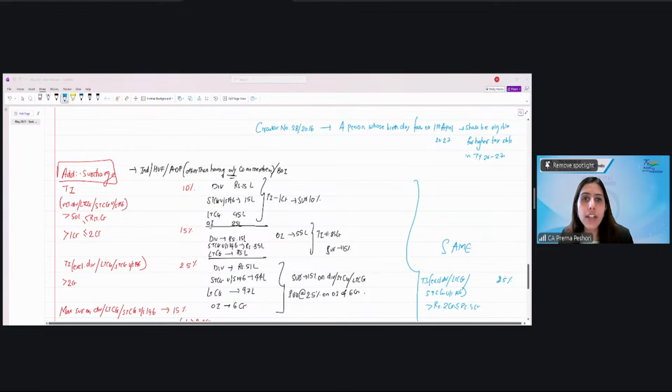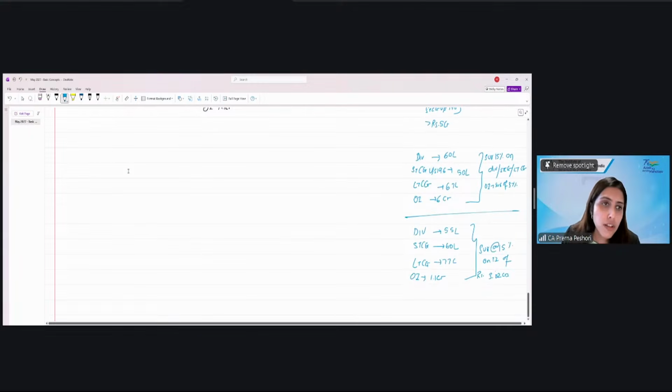That is calculated for each slab of the surcharge based on this formula. Earlier this formula was not given. Now as I told you, in the new Income Tax Act, they have introduced everything in a formulaic manner so as to make it very easy for you. Wn is equal to Un plus Vn. Now what is this? Wn is the total amount beyond which the total amount payable as income tax and surcharge thereon shall not exceed.